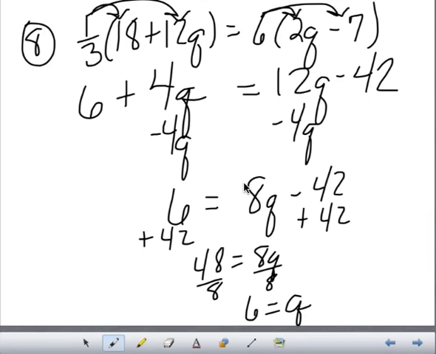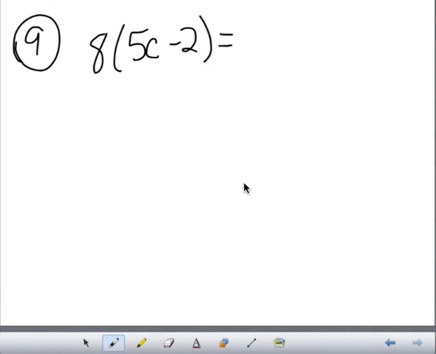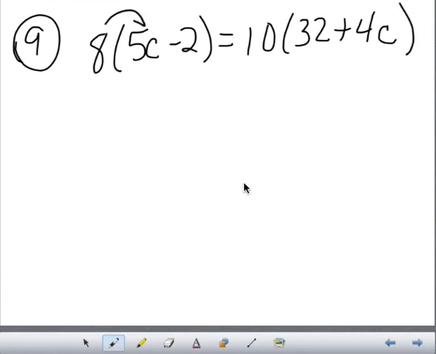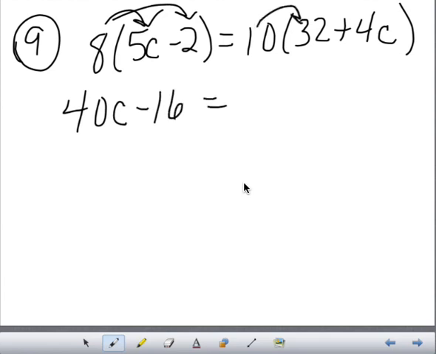All right, moving on. Number 9, you've got 8 times 5c minus 2 equals 10 times 32 plus 4c. Doing my distributive property, I've got 40c minus 16 equals 320 plus 40c.